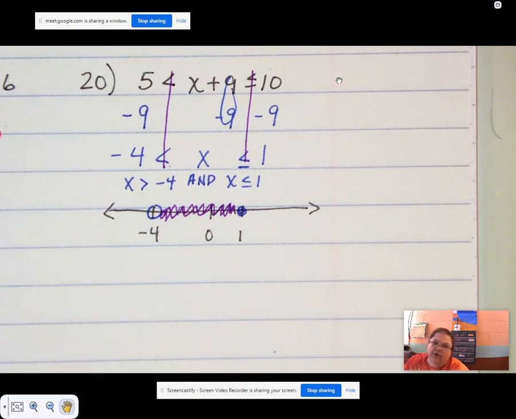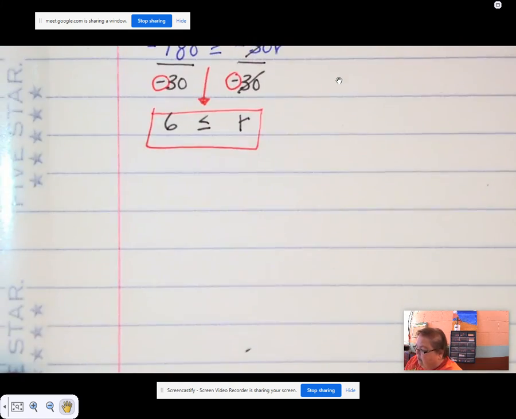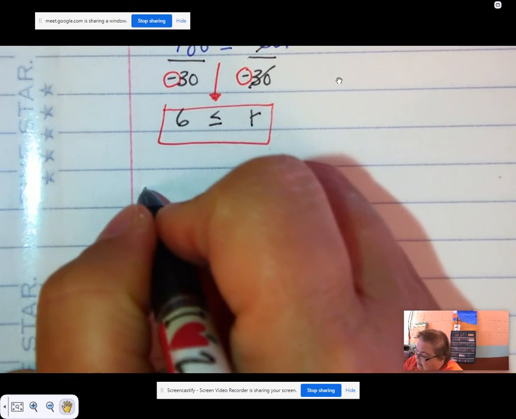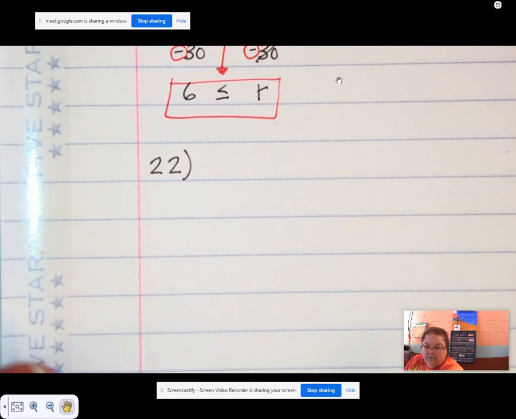Now I want you to look on your homework and tell me, is there an or inequality that I had you do? Yes, what number? 22 is correct. So let's look at number 22. For and or, how do you know it's an or?